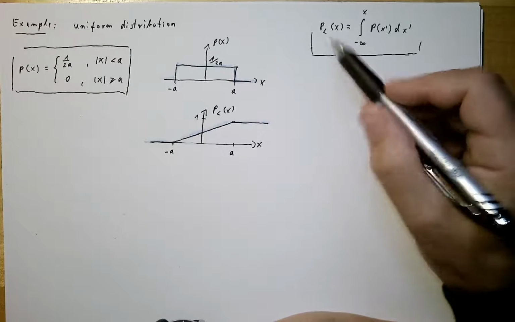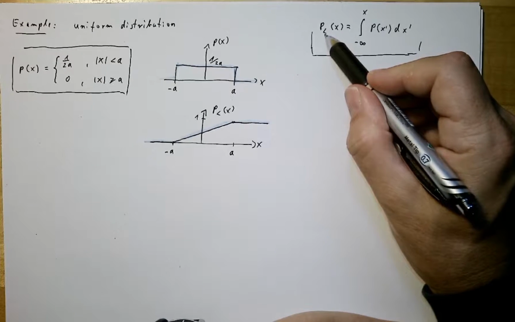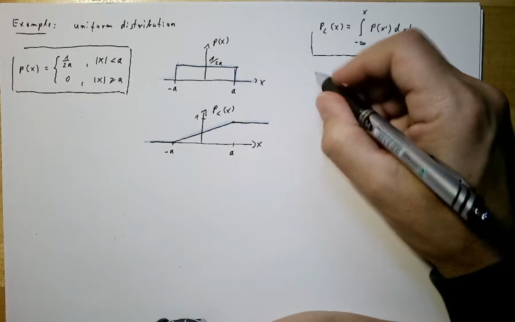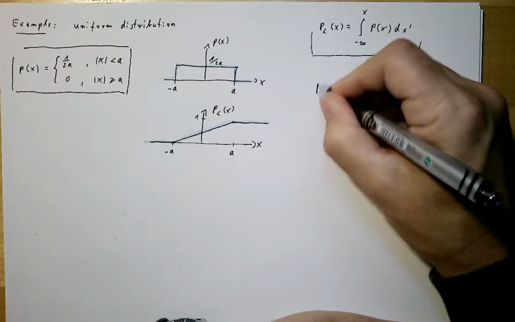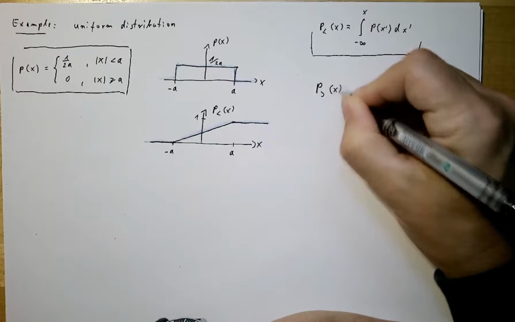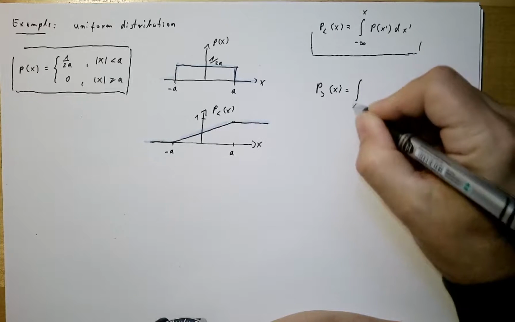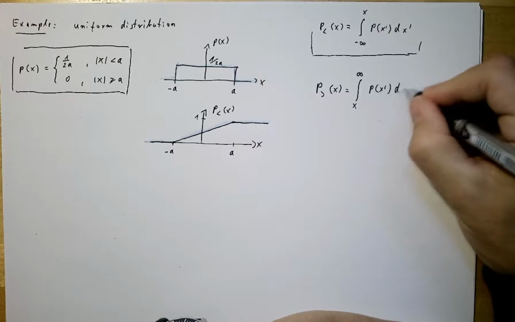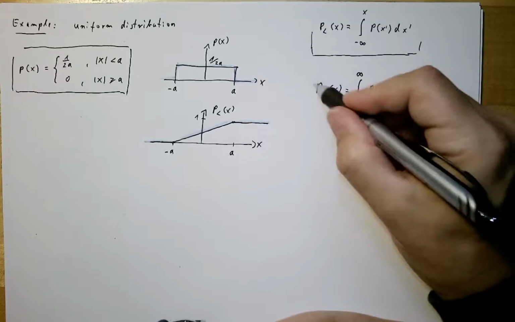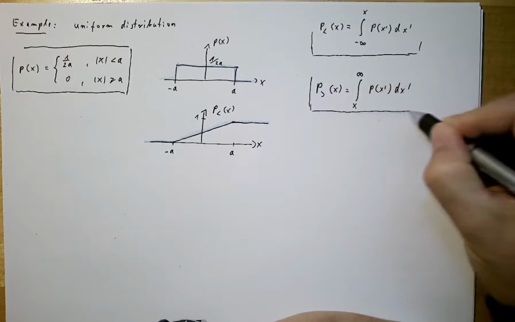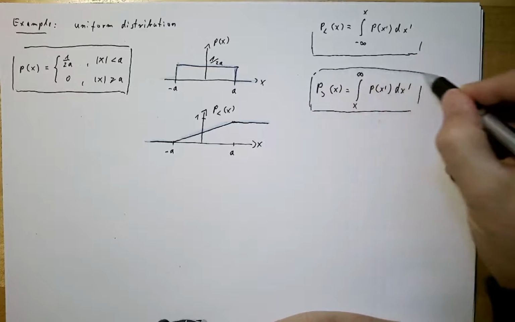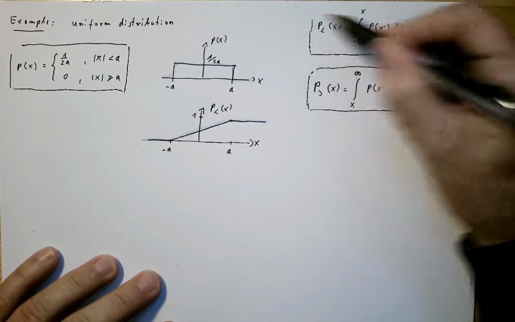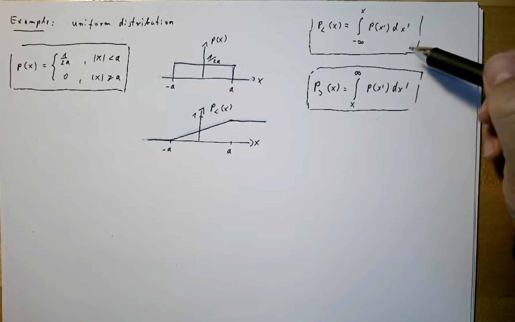Now you could ask, why did we take the smaller sign here? Couldn't we have taken a larger sign? And of course, we could also have defined the CDF in a different way. We could have said P larger of x is the integral from x to infinity of p(x') dx'. That would also be a valid definition. And you see that from one quantity you can calculate the other one.